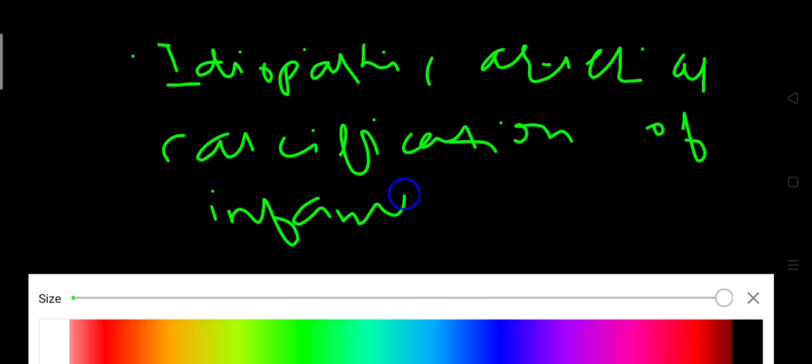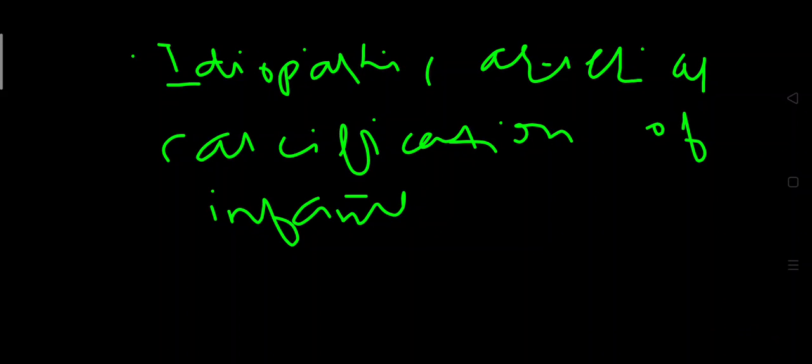This is a genetic condition occurring in infants, in which calcification occurs in the arteries, and that is idiopathic, meaning the cause is not known. So this one was Monckeberg arteriosclerosis.